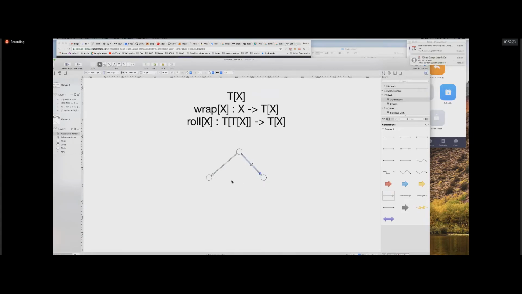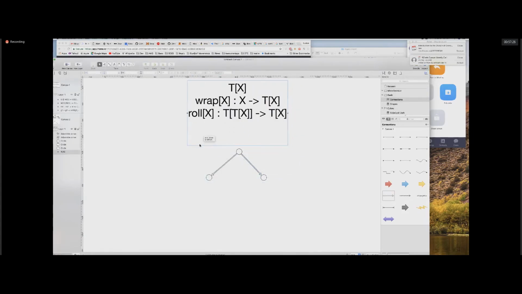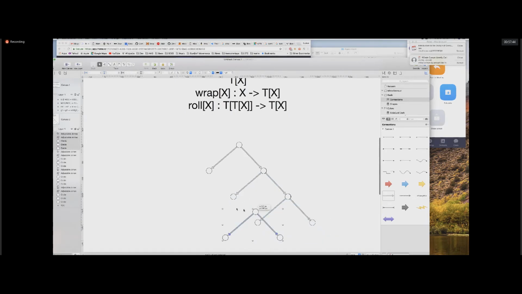All right, there's a binary tree, and let's say that we wanted to locate this node. Is there a way that we could do this generically?